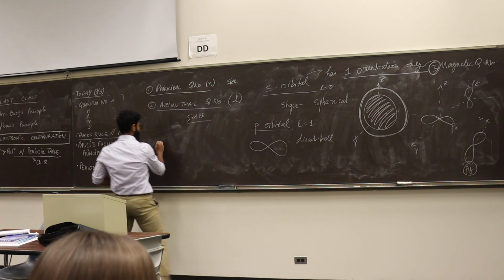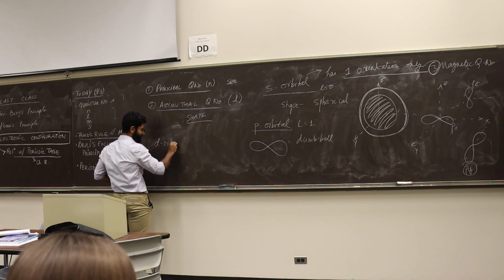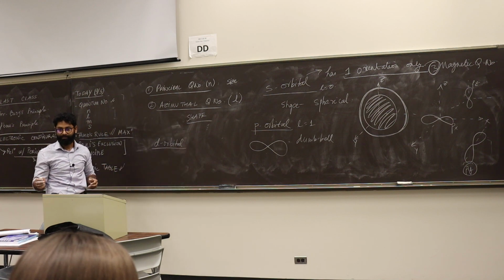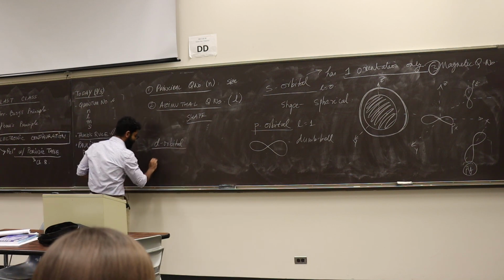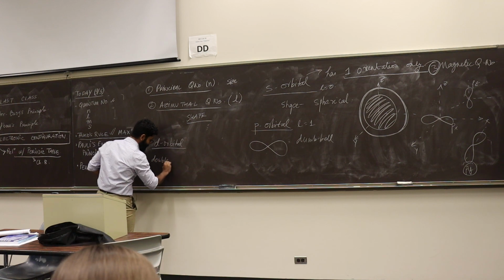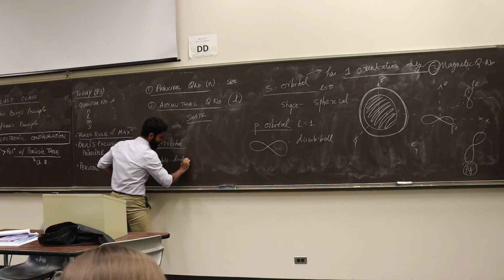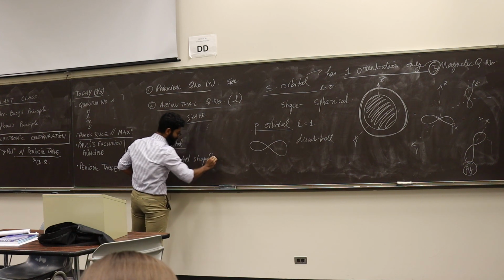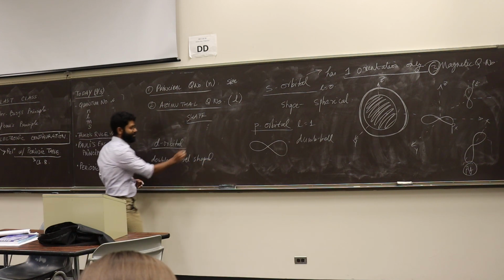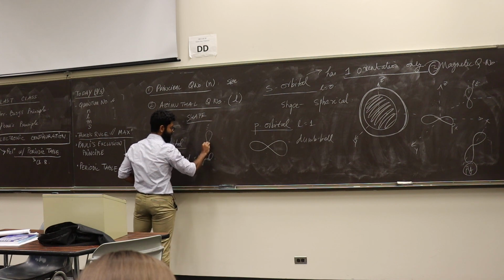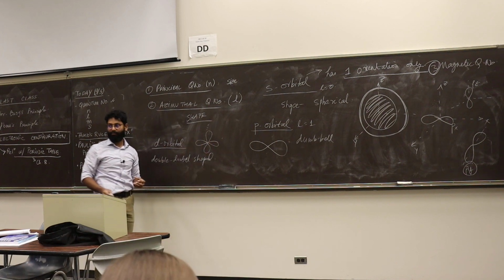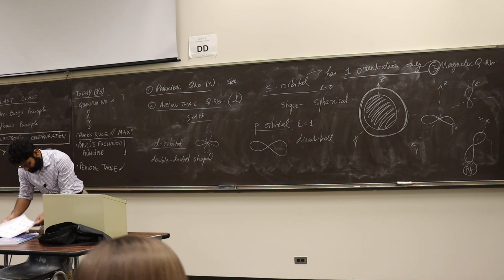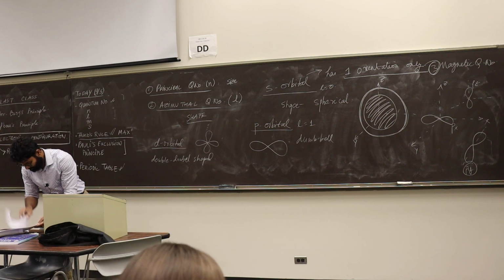Now, the d orbital, it gets a little complicated. This is called double dumbbell shaped. It has this form. So you can see this is becoming a little complicated.